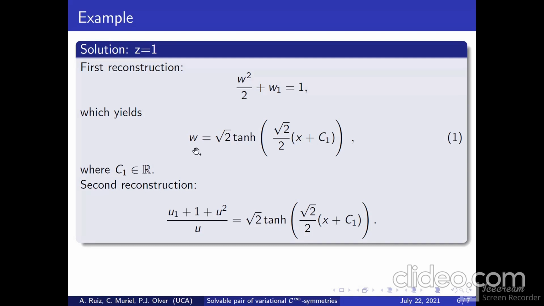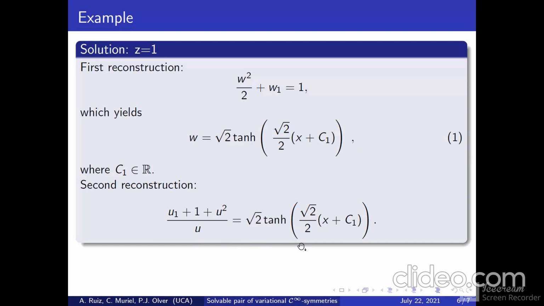Here again we can use the expression of the invariant w, which was equal to this expression here, and we obtain again a first order equation that we can solve in order to reconstruct a two-parameter family of solutions for the original Euler-Lagrange equation.